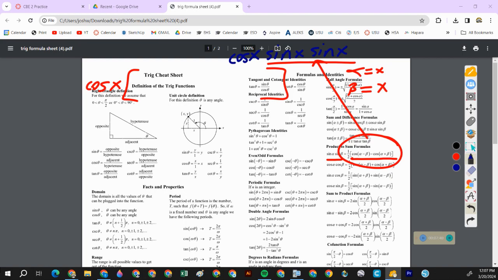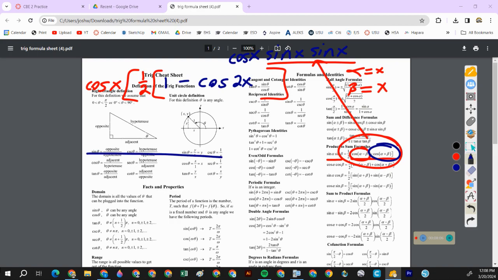So the sine of x times the sine of x is 1/2 times the cosine of x minus x, which is 0. So the cosine of 0 is 1, minus the cosine of x plus x is the cosine of 2x. Okay?